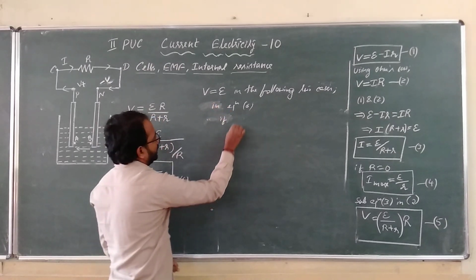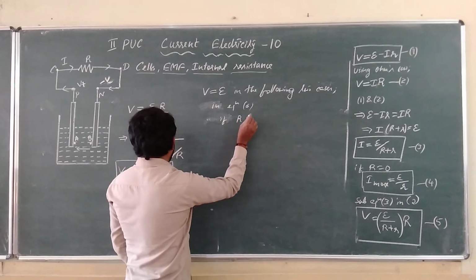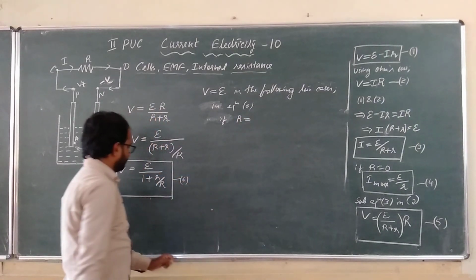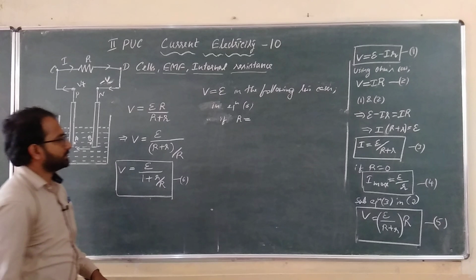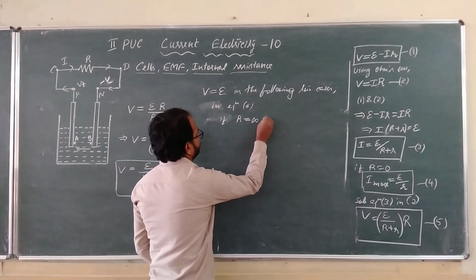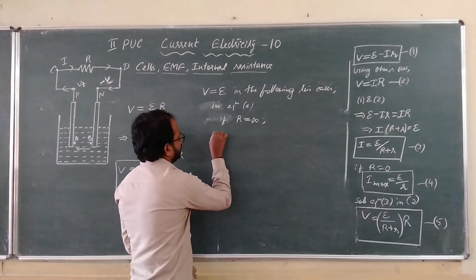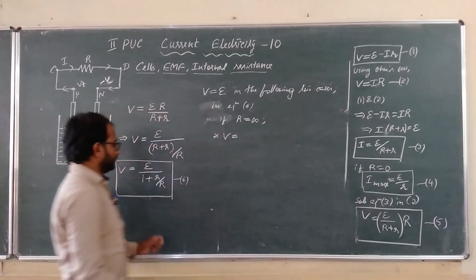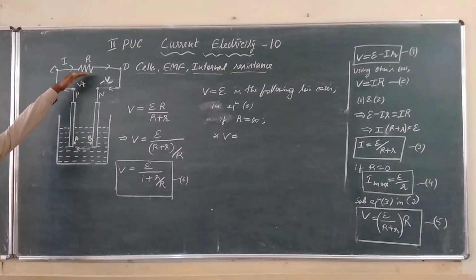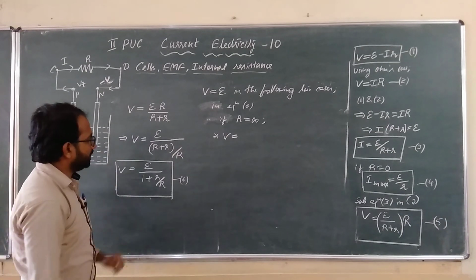In equation 6, if you put capital R is equal to infinity, then V is equal to, if you put capital R is equal to infinity, means it is now open circuit, right? R is infinity, there is no current flowing through this cell or through the resistor. Since R is infinity, what is the terminal potential difference?